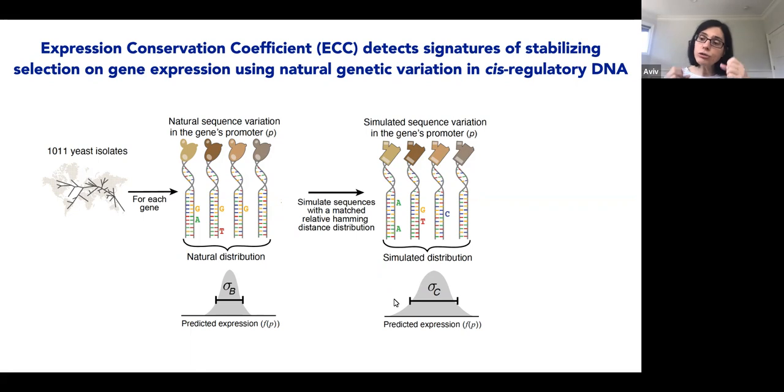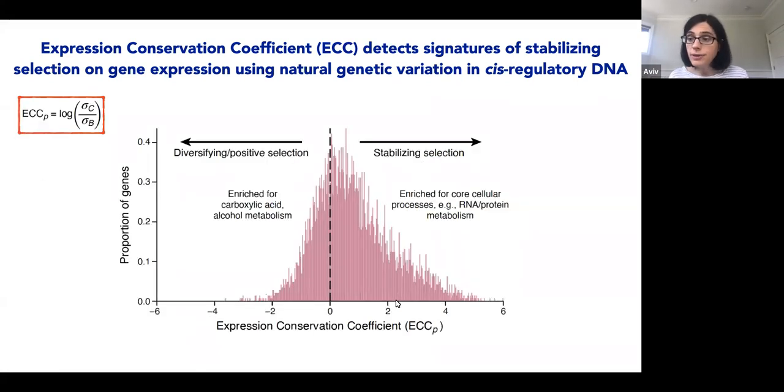We then are going to use the model to predict expression for these generated sequences, and this is going to end up with sigma C. And then finally, we calculate the expression conservation coefficient, or the ECC, as the log odds of sigma C and sigma B. And this means that positive ECC values, where we have a higher variance in the generated than the real sequences, would suggest stabilizing selection.